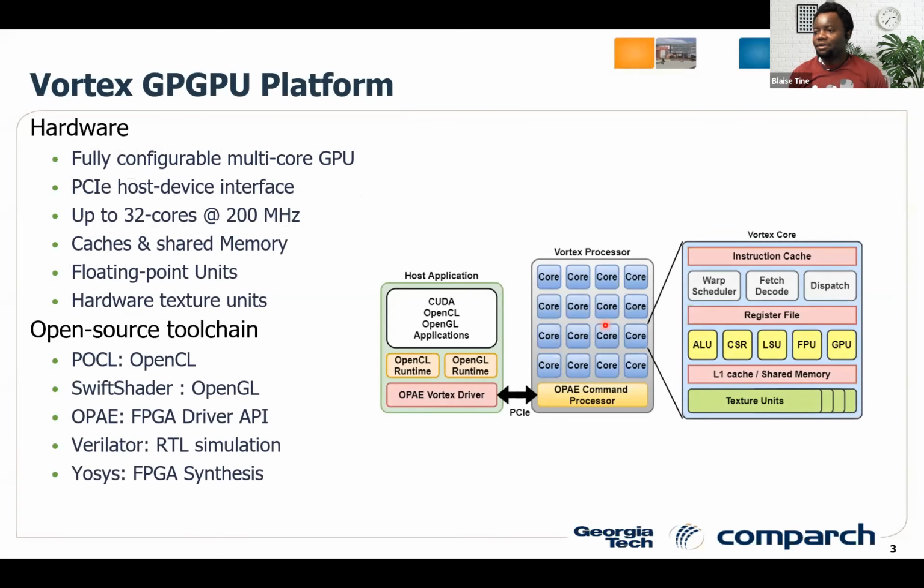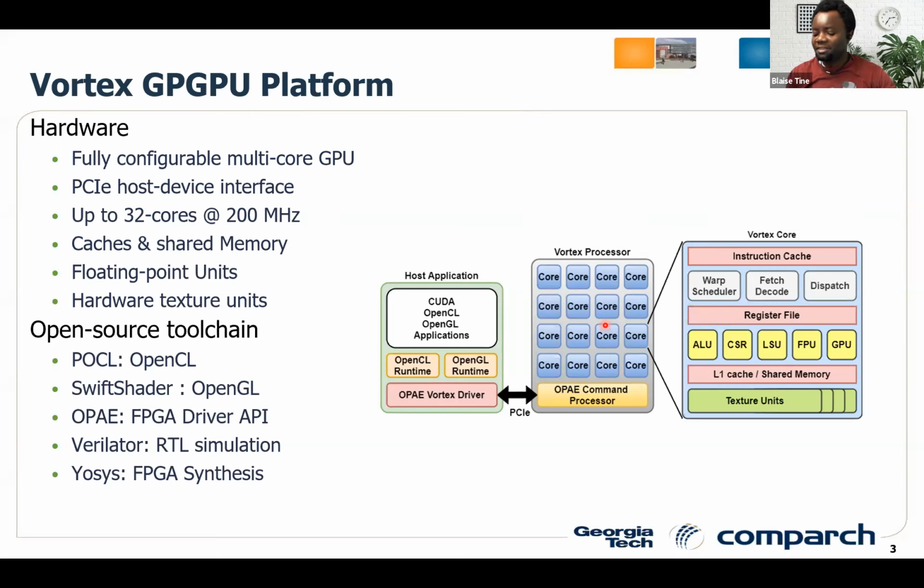A high-level description of the overall Vortex platform includes a software compiler and hardware stack. The complete GPU is currently scaled up to 32 cores running at 200 megahertz. It is a PCIe-based GPGPU, so the OpenCL or CUDA application runs on the host, and we use PCIe to transfer the kernel and the metadata to the GPU.